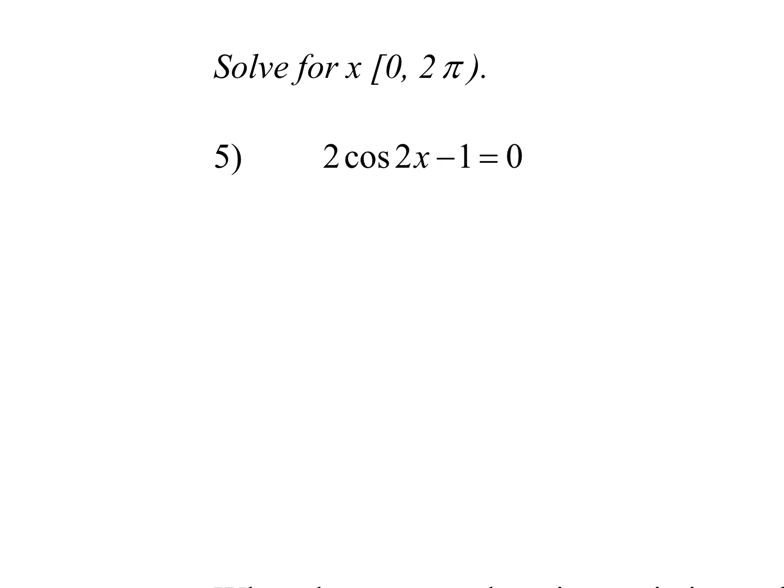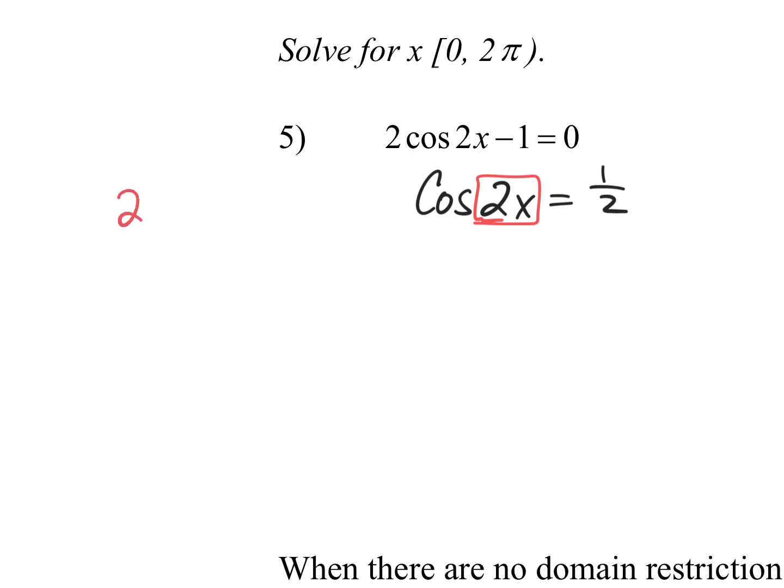We have 2 cosine 2x minus 1. So we add 1 and divide by 2. We get cosine 2x equals 1/2. That seems okay, except that this 2x is kind of a complication. So one thing we can do is use something called u substitution, something you'll use more extensively next year in calculus, to make this a little bit easier to work with.